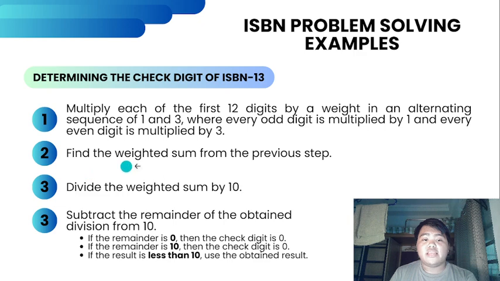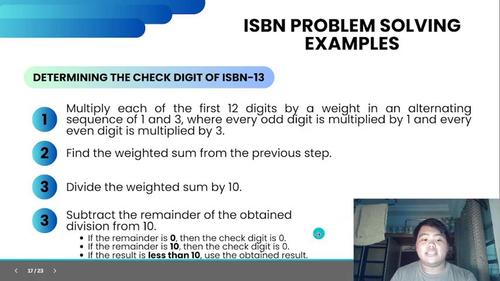Then we find the weighted sum from the previous step. Then we divide by 10, get the remainder, and subtract it from 10 to find the check digit of ISBN 13. If the remainder is 0, then the check digit is 0. If the result of the subtraction is 10, then the check digit is 0, since 10 is divisible by 10. If the result is less than 10, we use the obtained result from the subtraction.